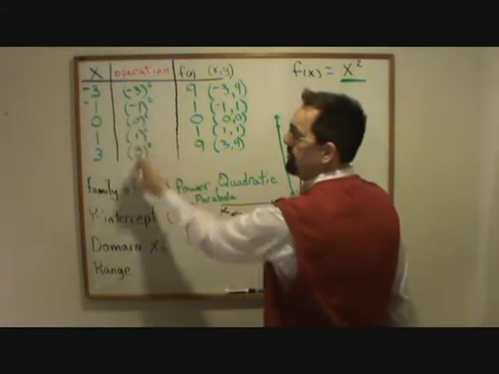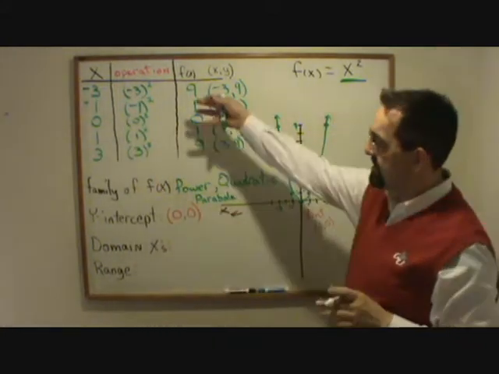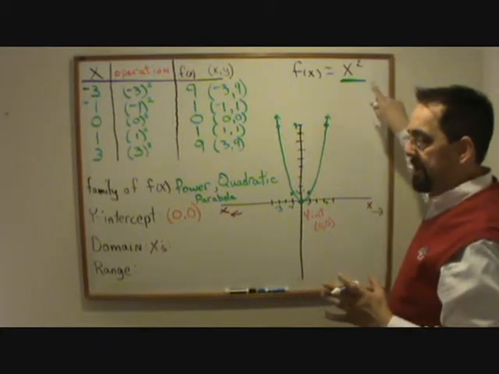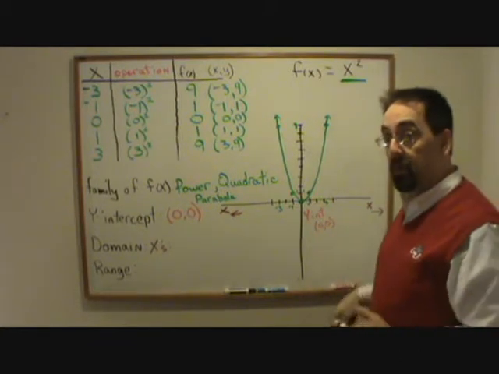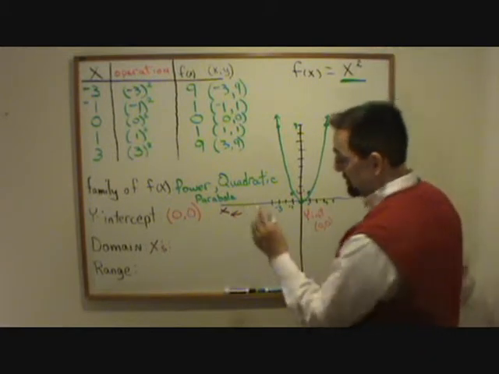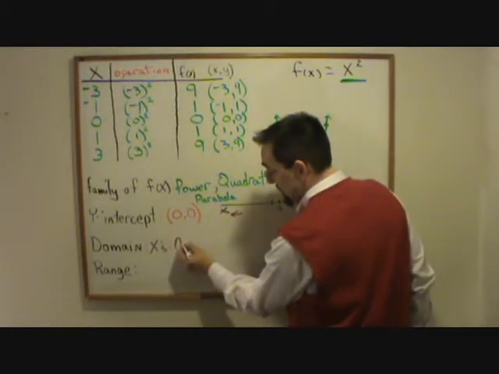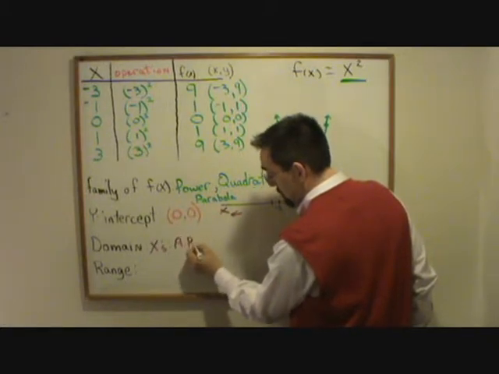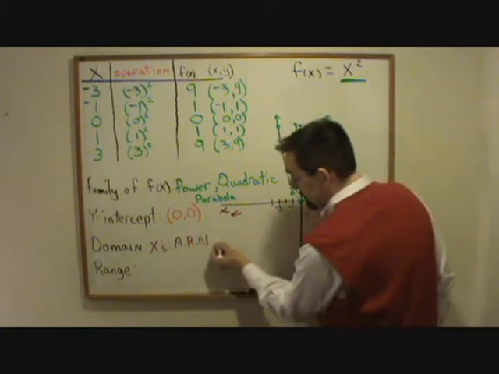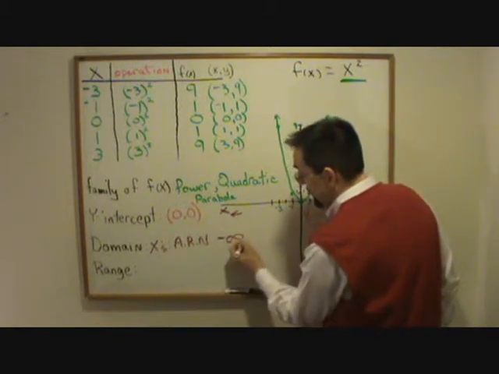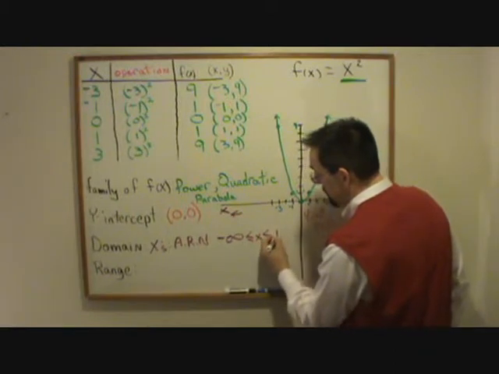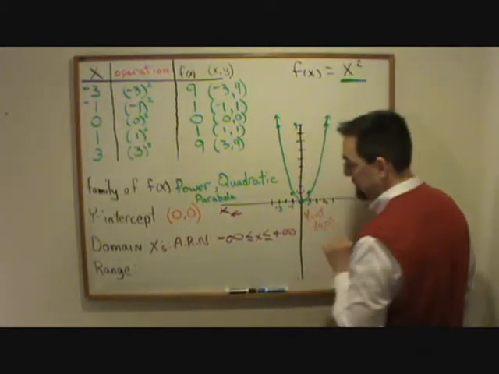Now we didn't actually do it on our grid, our data table here, but let's picture if I put a really, really big x value in here, am I going to get a y out? Yes, because it goes on forever. So I can actually say all real numbers, or in math terms we could write from minus infinity less than or equal to x, which is less than or equal to positive infinity.